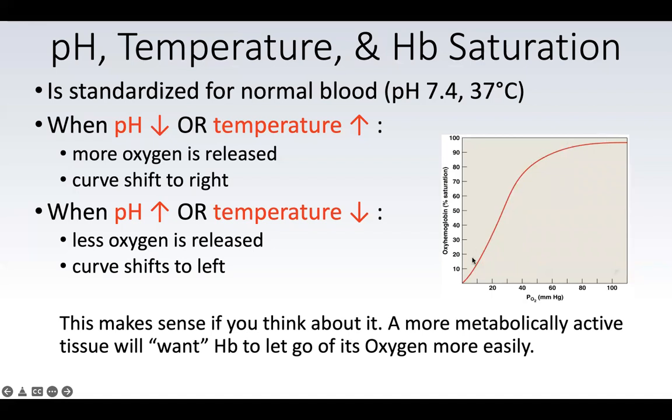And why this occurs is when you're exercising and you've got a temperature increase, because heat is a byproduct of cellular metabolism, we would want more oxygen being released from the hemoglobin of the blood to go to the cells, which is something that the cells will need in order for you to continue the exercise. So how does this result in a shift to the right?